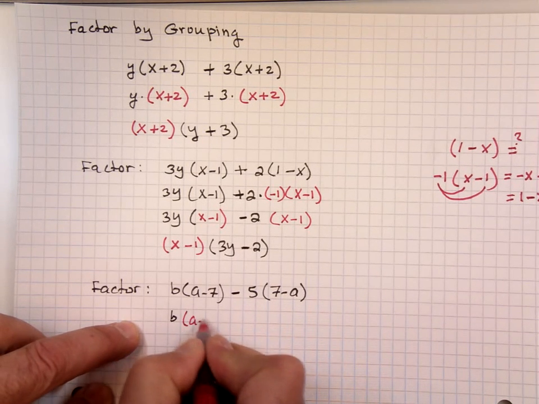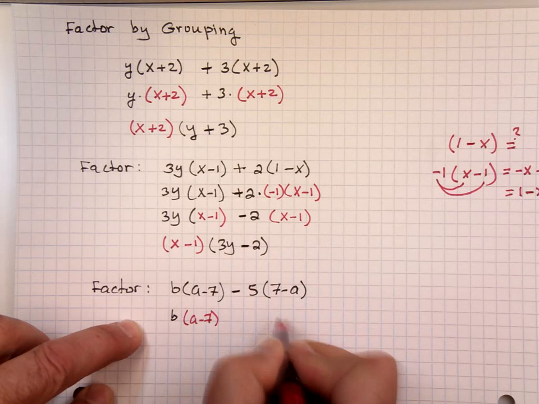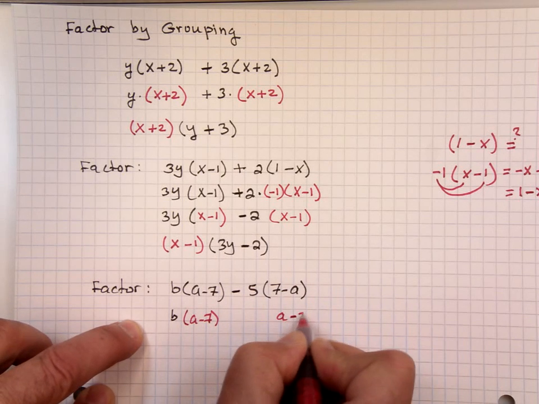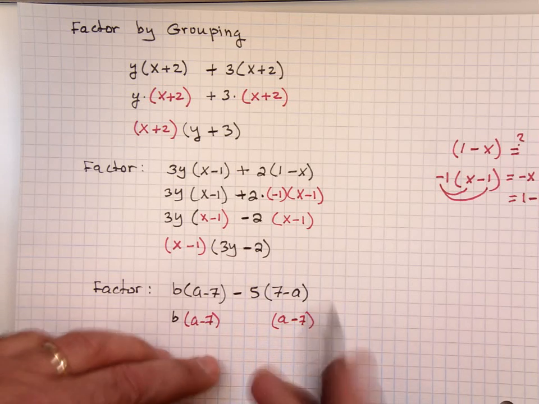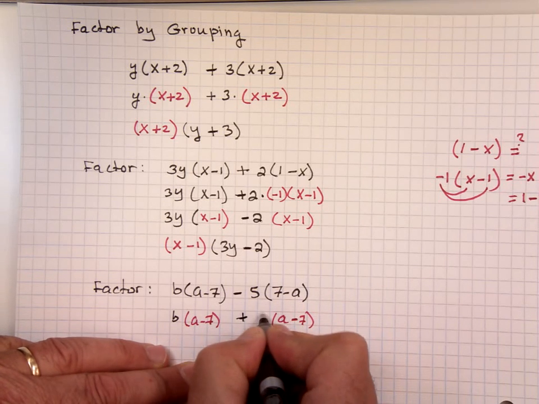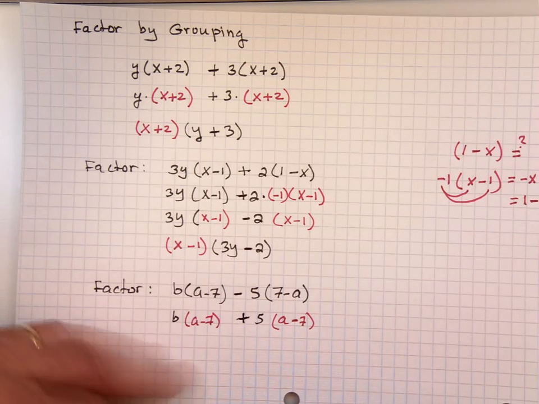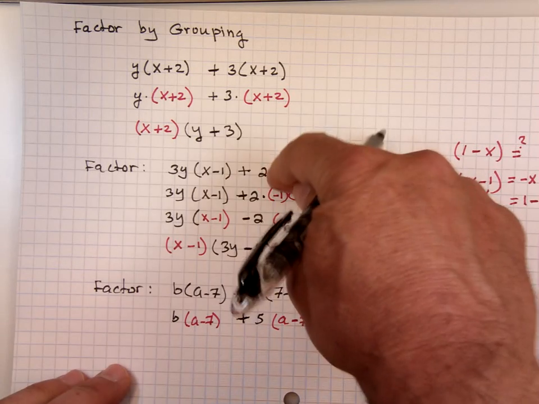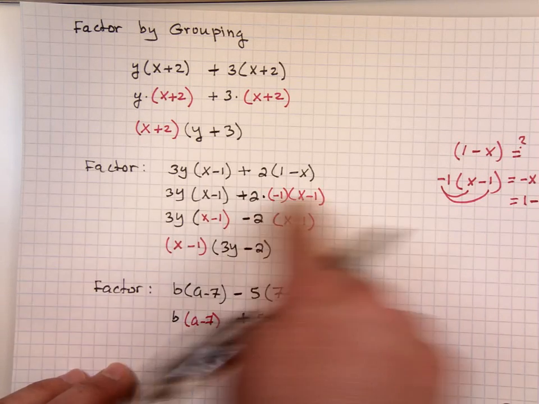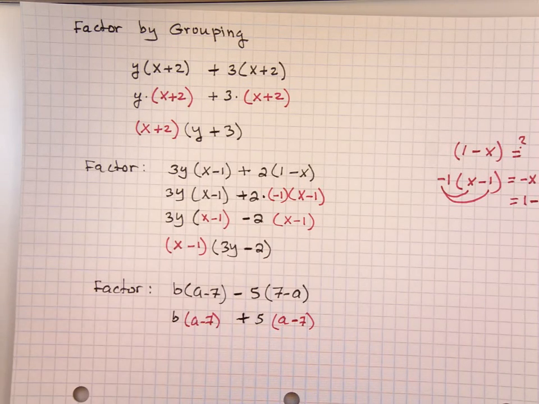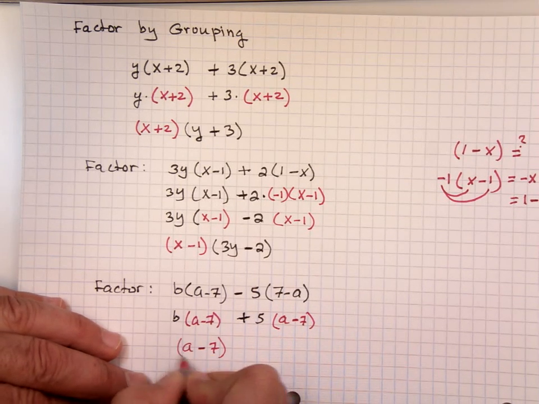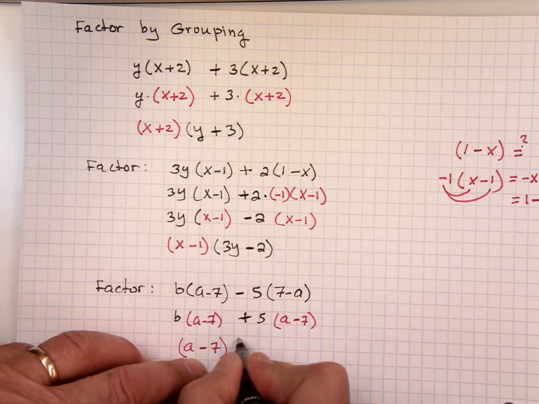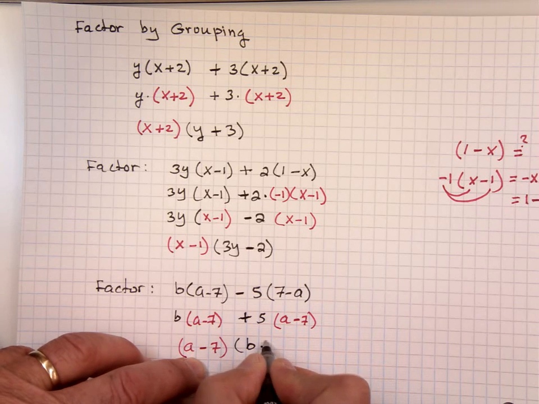I'm going to flip this, make it a minus 7, but I have to switch the sign of that. That becomes what? Plus 5. I jump from this step to this step instead of going through this one. Now these two are the same. And what's left here? B plus the 5.